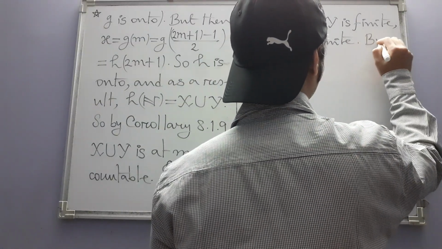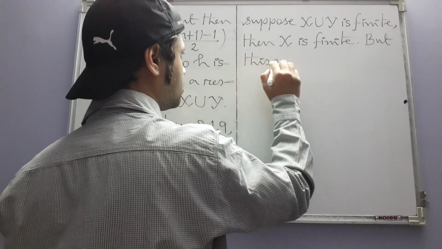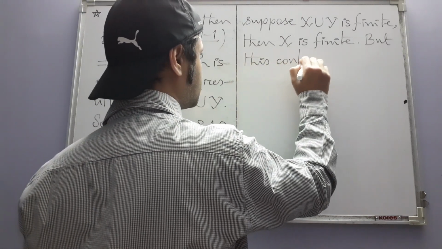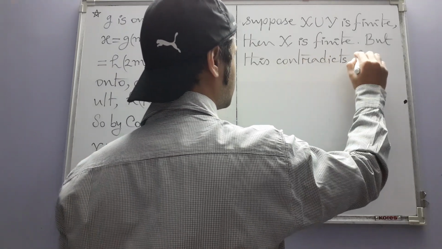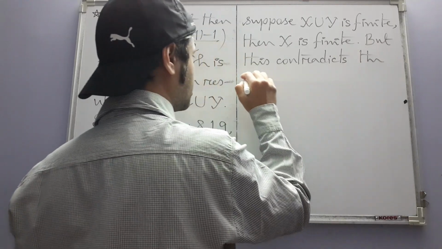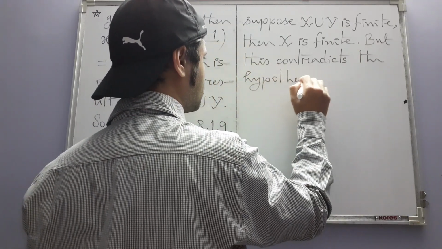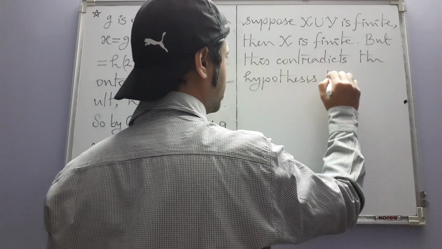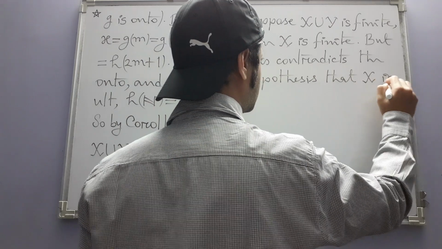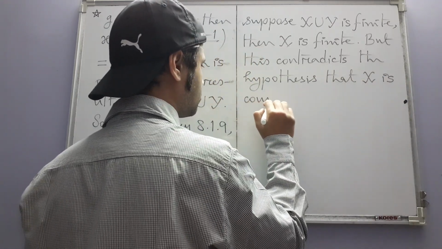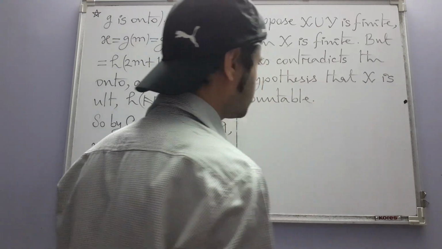But this contradicts the hypothesis that x is countable. And exactly why is this a contradiction?